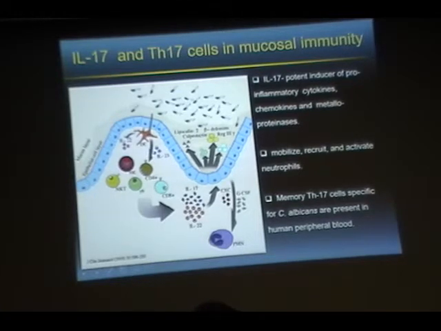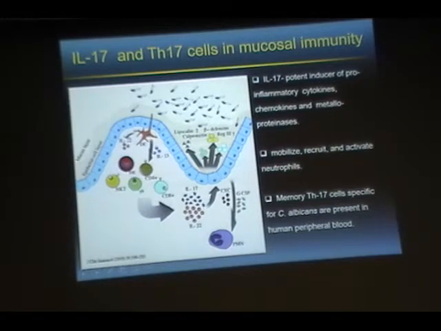Okay? So once they get into the system, now through PRR and PAMP interaction, they activate the local dendritic cells and macrophages, and those produce IL-23, and IL-23 is a Th17-inducing factor or IL-17-producing cell inducing factor.